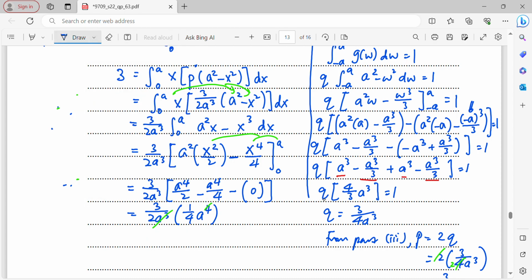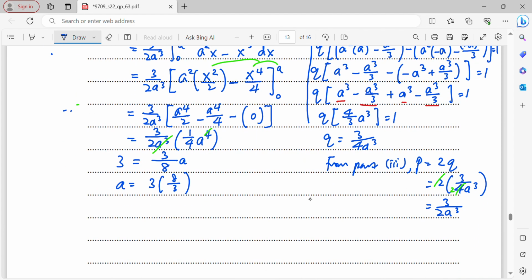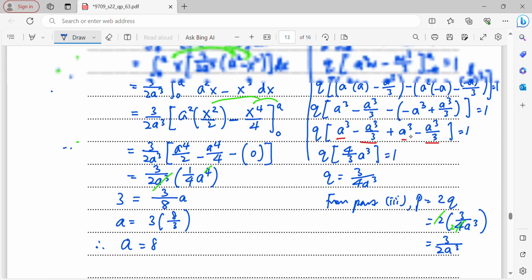Then you will be getting 3 over 8 a, and all this equals to 3. Then now to get the a, I will just move the 3 over 8 to the left side. So now my a becomes 3 times 8 over 3. Therefore, you will be getting the a as 8. So that's the solution of this question.